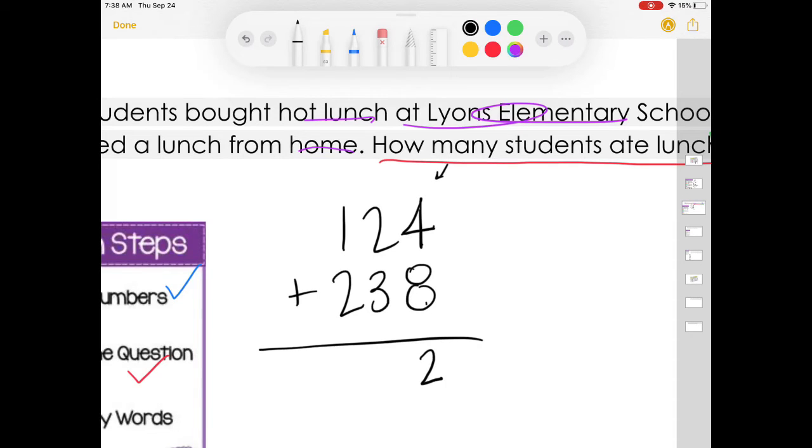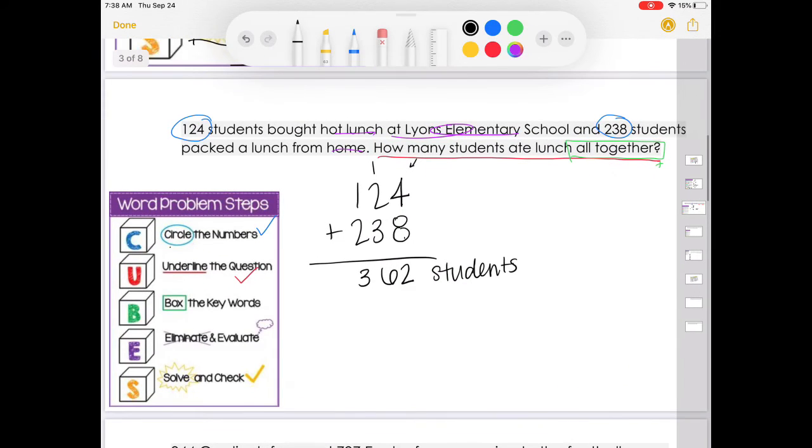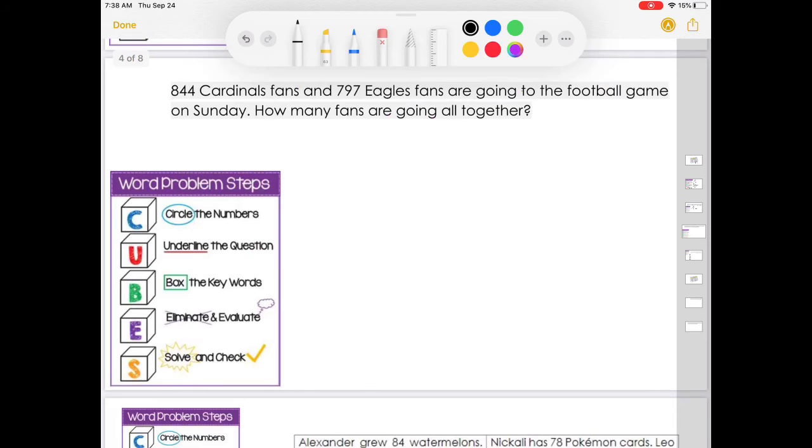So my first column, I'm going to start my ones. I have 8, 9, 10, 11, 12. Put my 2 down below. Carry my 10 rod up. 3, 4, 5, 6. And then 2 plus 1 is 3. So 362 students ate lunch that day at school. So I used my steps. I used cubes to help me solve my word problem. Let's do another one.